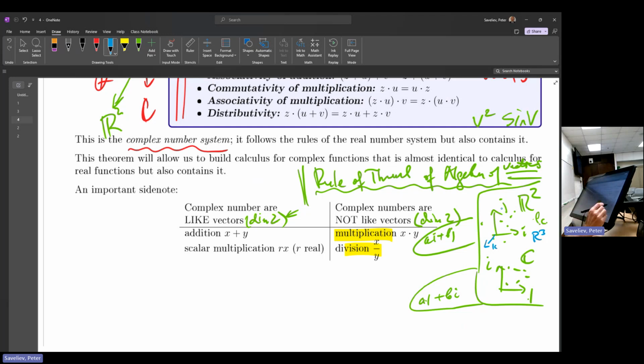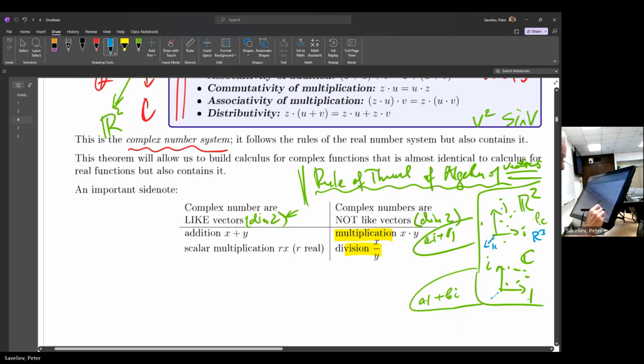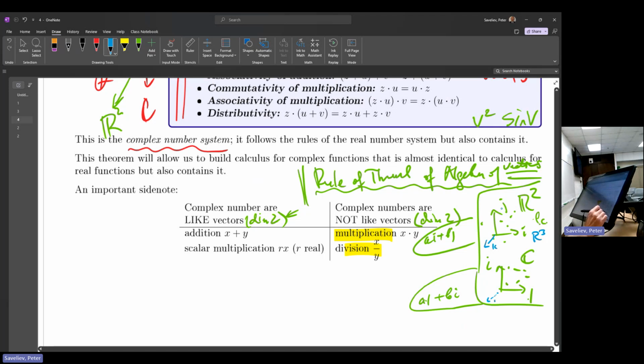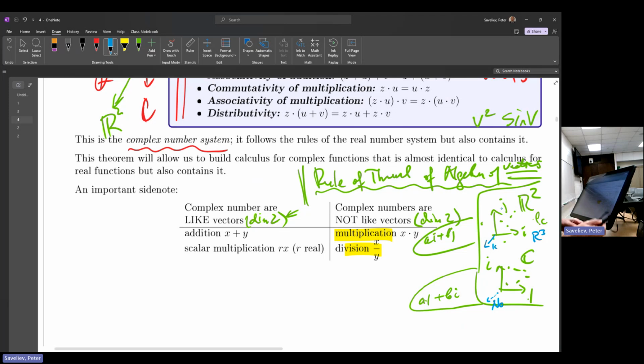Okay, can we do the same for the complex numbers? And the answer is no. The literal answer is no. Some guy in the 19th century, Hamilton was his name, spent a few years trying to invent a three-dimensional analog of complex numbers.